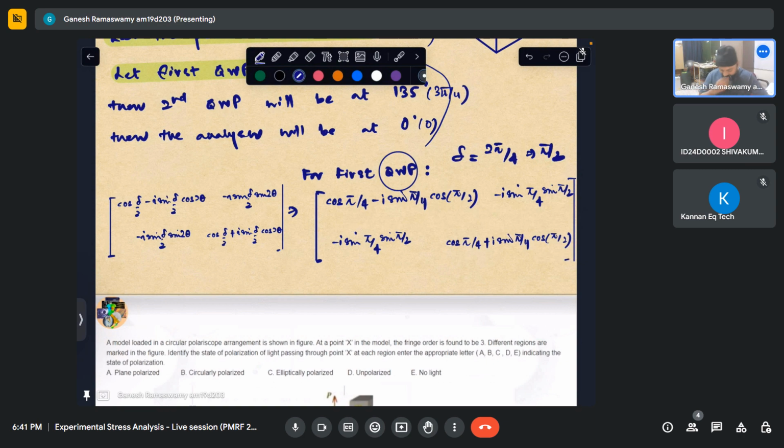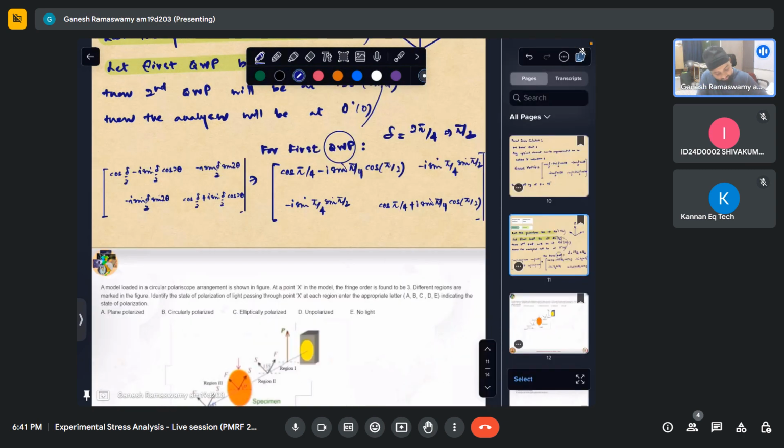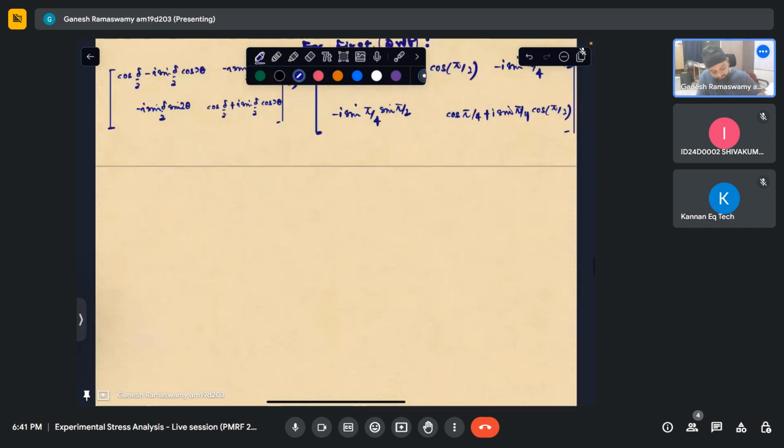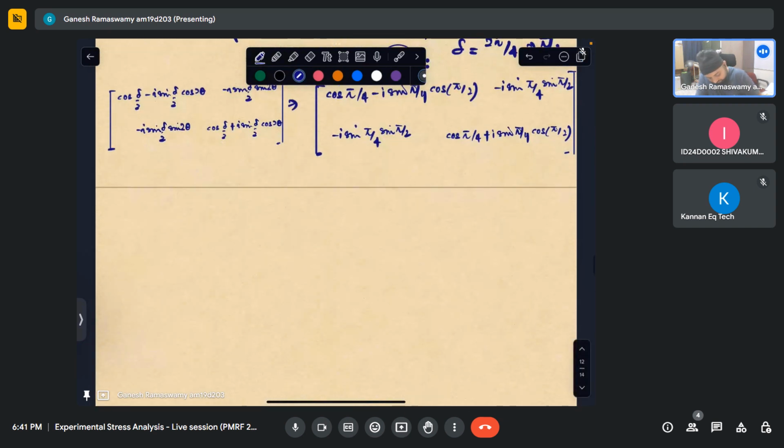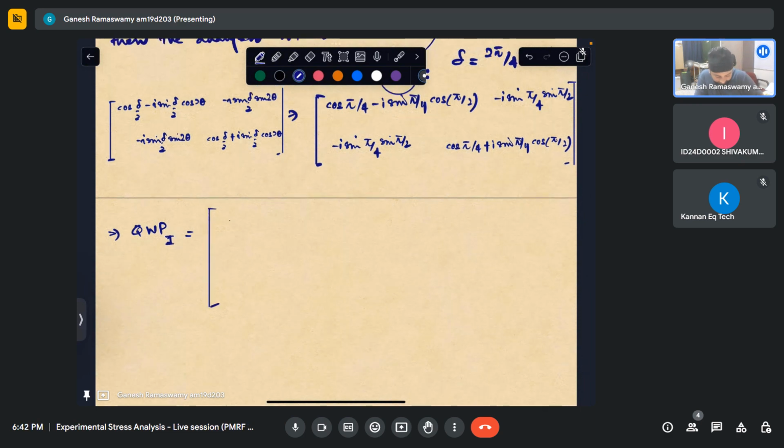Very well. So let us see what this comes out to be. This is quarter wave plate 1. If we solve for this, cos pi by 4 is 1 by root 2, minus i sin pi by 4 cos pi by 2.